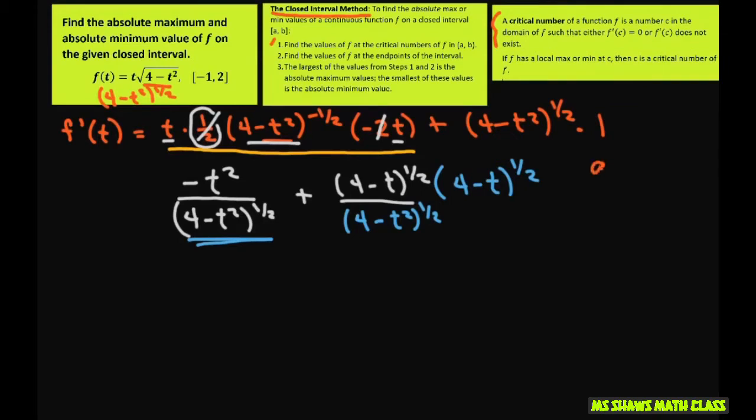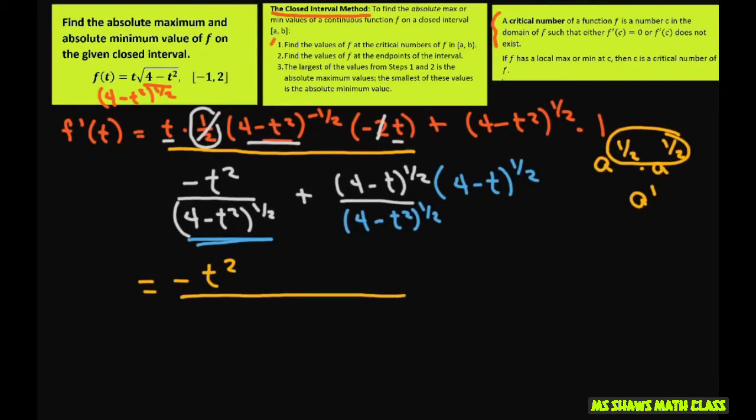For your exponents, if you have a to the 1/2 times a to the 1/2, you add these two up, and that gives you 1, so that's just a to the first power. So let's copy this down again, negative t squared, and my common denominator is 4 minus t squared to the 1/2.